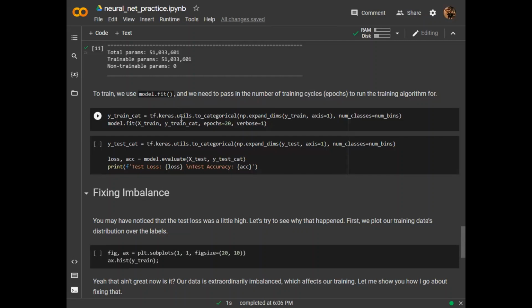You may be wondering, how do I convert a number to a probability distribution? Because what we're doing is a categorical problem, we know that this example is in bin number 30, which means the probability of it being in bin 30 is 1, and the probability of it being in any other bin is 0.